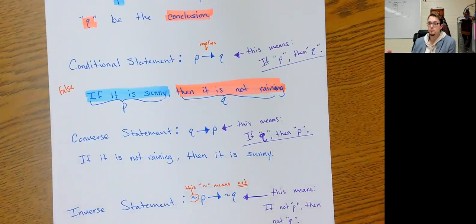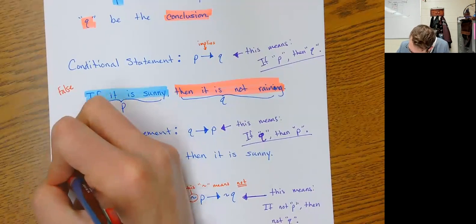Can't it be dark outside and not raining? It could be pitch dark. There could be an eclipse. It could be pitch dark and not raining. So just because it's not raining doesn't mean it's sunny. So this is also false.